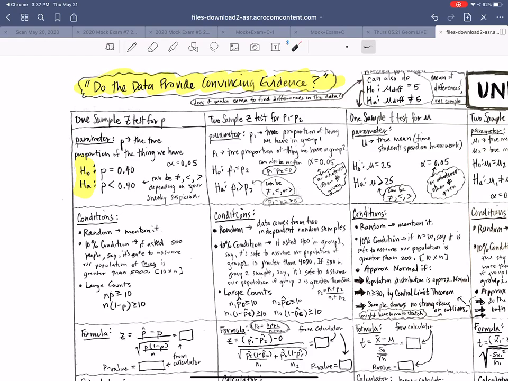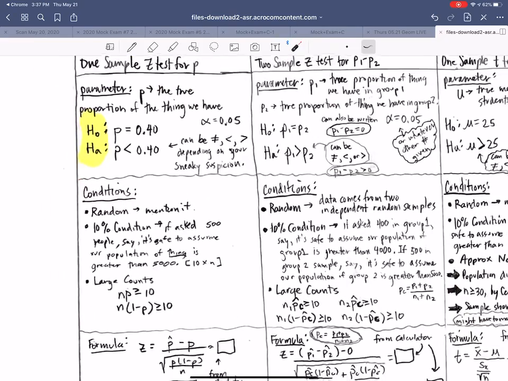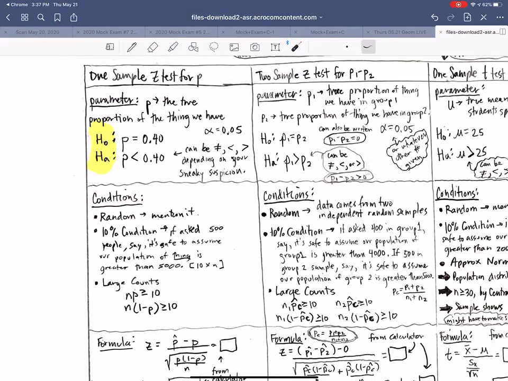Now in this setting, we would want these conditions to be at play. If I just have one sample, then we need to make sure it's random and we mention it. And if we talk to 500 people, then we need to say it's safe to assume that our population is greater than 5,000 of the people we're interested in making an inference about. We want to do a large counts check, right? If n is 500, we'd do 500 times p, which is 0.4.